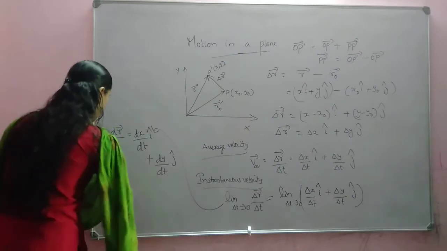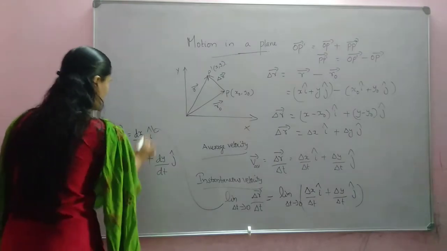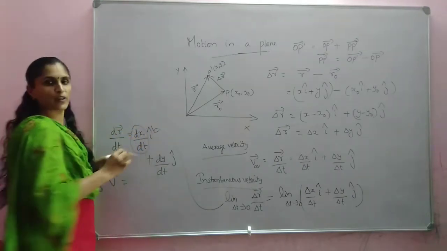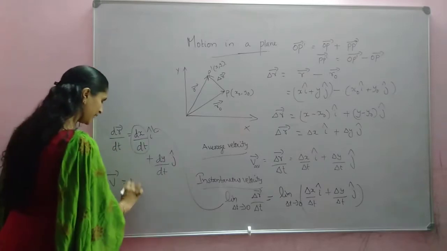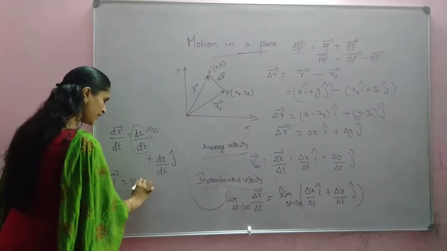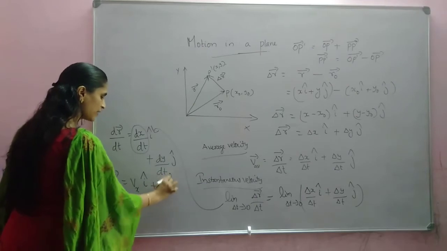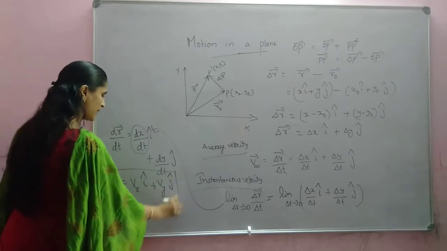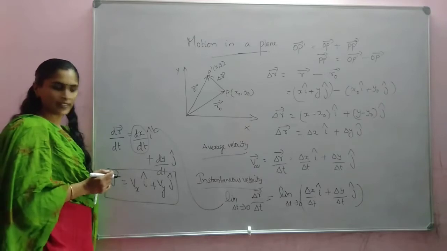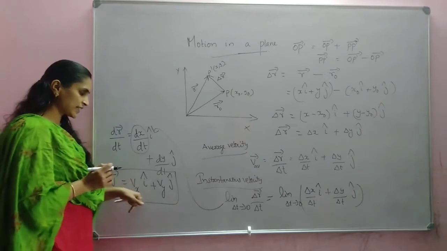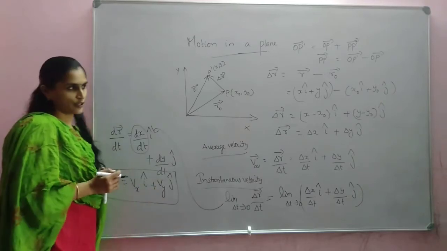We can write the x component of velocity as dx by dt. So we can write vx i cap plus vy j cap. So this is the expression for the instantaneous velocity, which is given by vx i cap plus vy j cap.